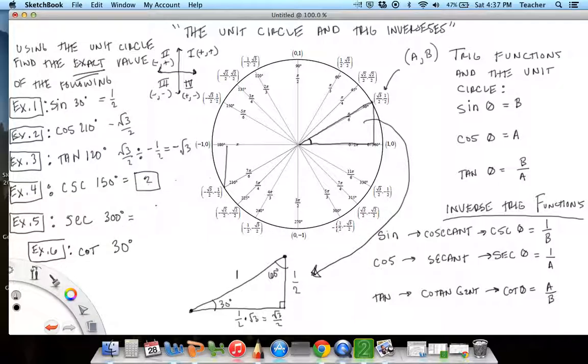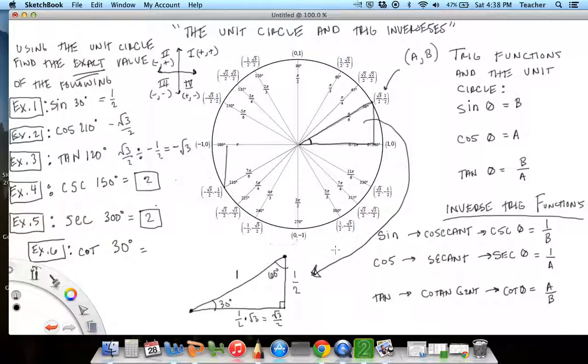The secant refers to the cosine, which refers to a. At 300 the cosine is 1 over 2, and the inverse of 1 over 2 is 2. Again, something we are going to talk about on Monday, because certainly, can this value be 2? Maybe it can. You have to find out. We're going to experiment with that here on Monday.